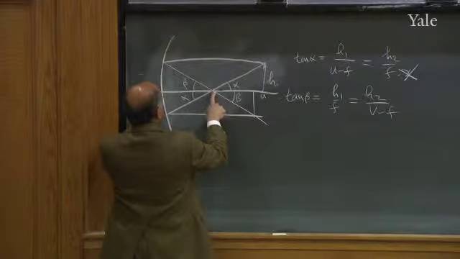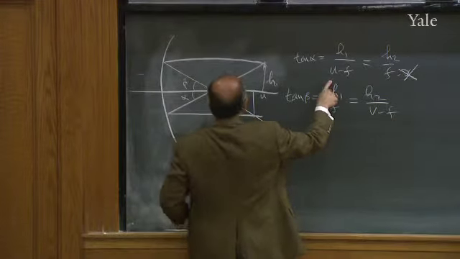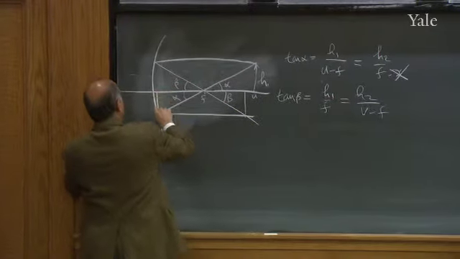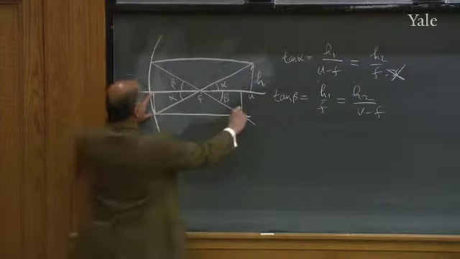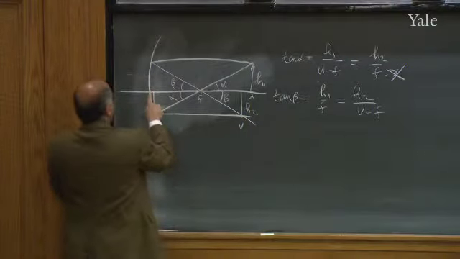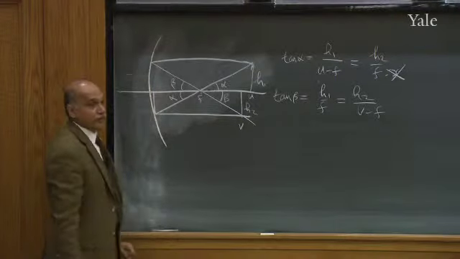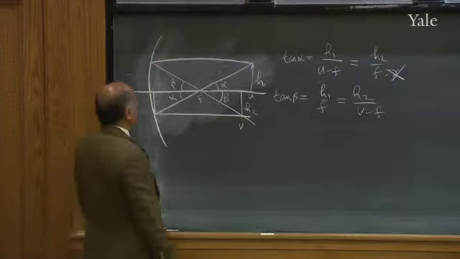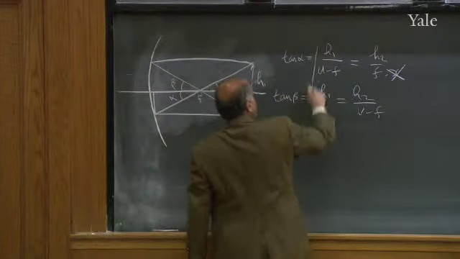You take away f, because that's f. That's h1 over u minus f. It is the same as tan alpha measured on this triangle. That tan alpha is h2 divided by f minus the tiny portion, which is the x, which I'm dropping. Then similarly for beta, you have a similar rule. So here's all you can get out of these two rays.